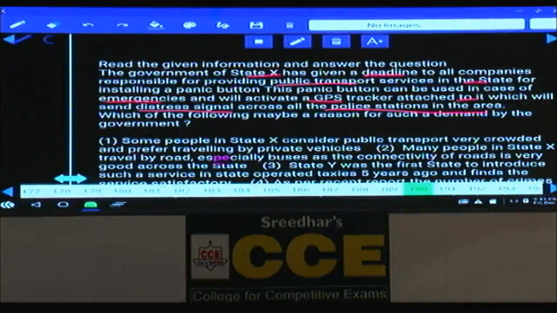How this works here: whenever there is an emergency for any person, if the person presses this button, it is attached to the GPS system wherein that vehicle can be traced at the same time, and the signals will be transmitted to all the police stations in and around.